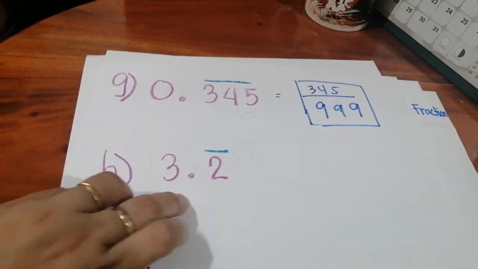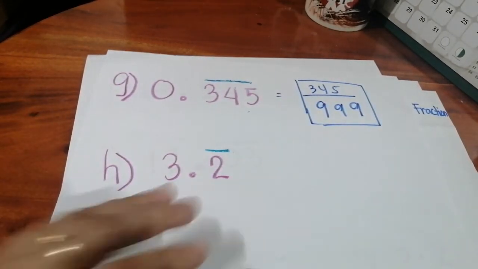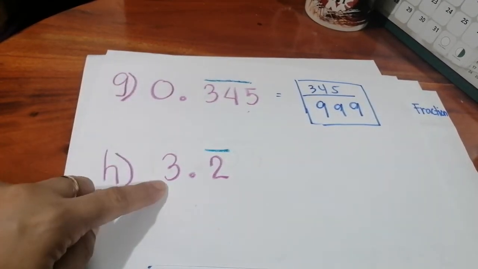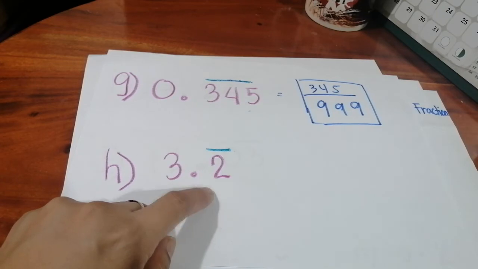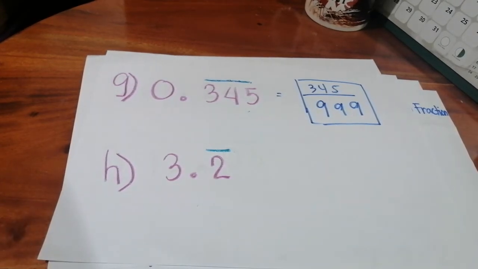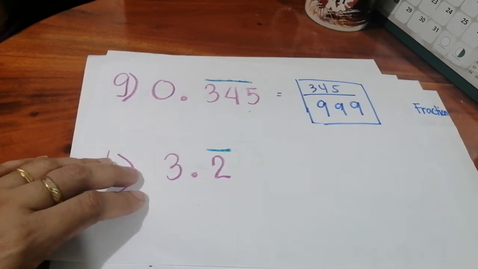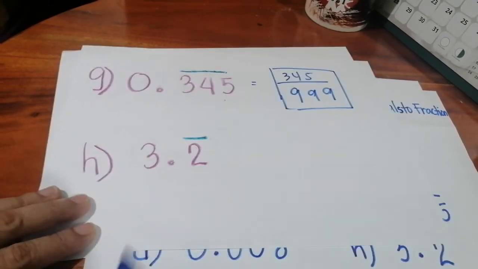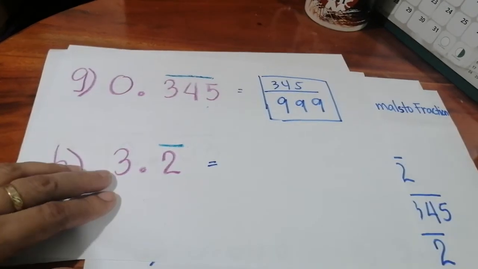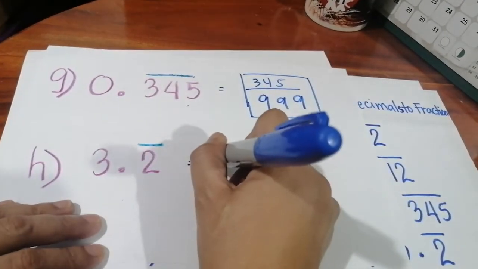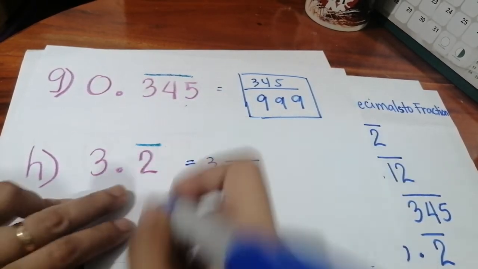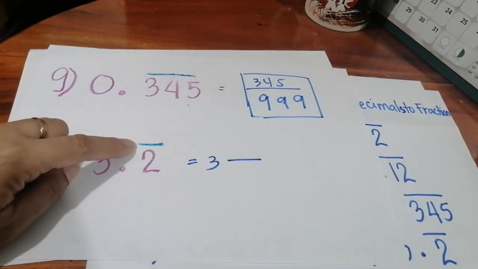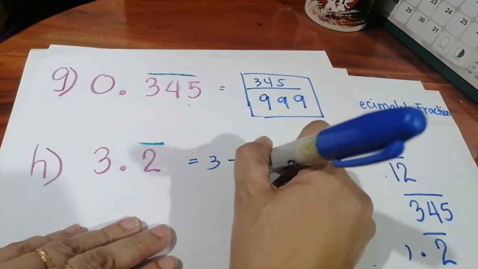Next, it's 3.2. So as you can see here, meron tayong whole number and then we have a decimal point that is non-terminating and repeating. So just like what I have said kanina, the answer here is a mixed number. So mixed number, there's a whole number and a fraction. So we just have to copy 3 as a whole number here. And then our fraction here will be, since it's non-terminating, the denominator will be 9.